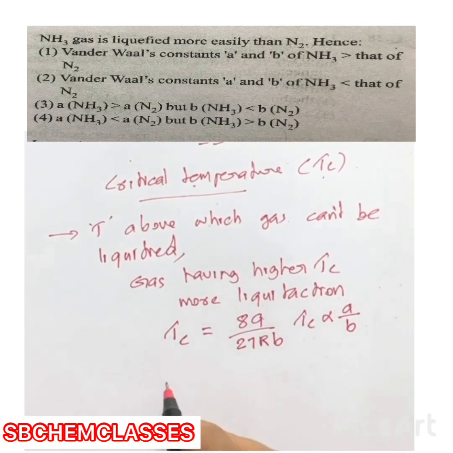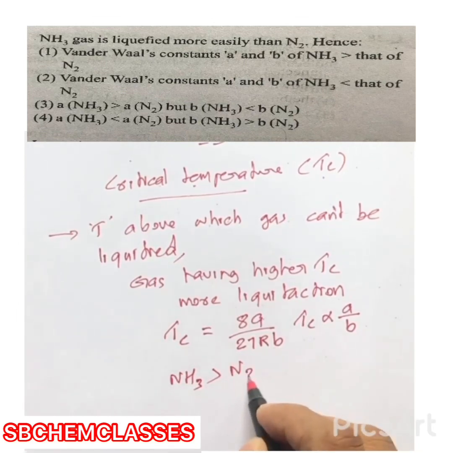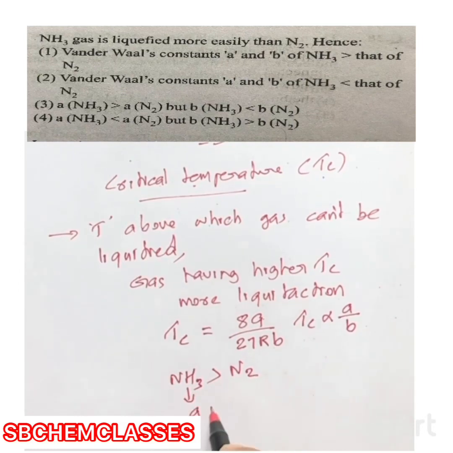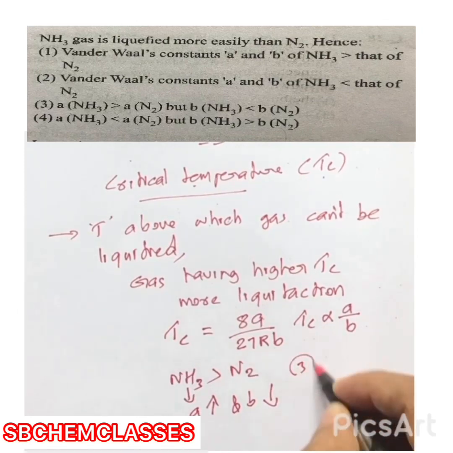So if ammonia has more liquefaction tendency than N2, it means ammonia has higher a and lower b. So a for ammonia is greater and b for ammonia is lesser. So the option 3.